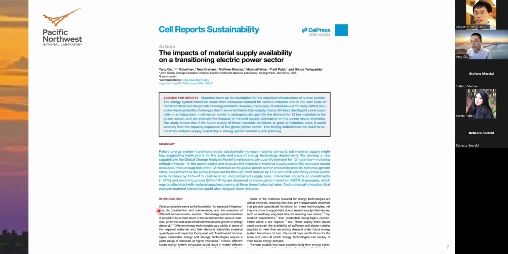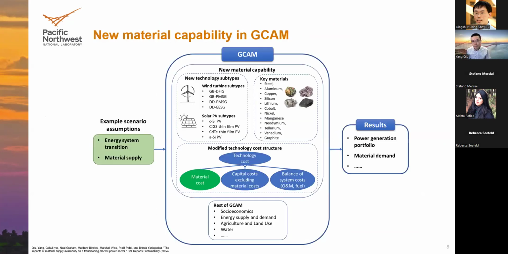In this talk, I will mainly focus on introducing one paper that we published last year. It is trying to demonstrate this capability of modeling critical materials and minerals in GCAM. In order to capture the material demand, we are implementing several key modeling efforts in GCAM, because in the past, GCAM did not really capture material demand, especially critical minerals and materials.